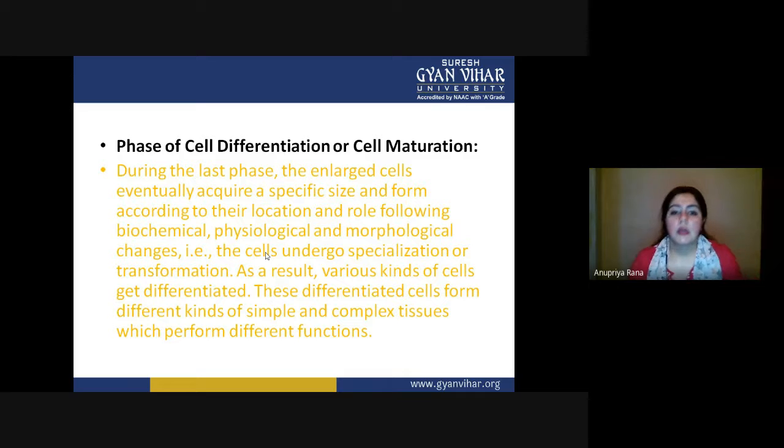As a result, various kinds of cells get differentiated. These differentiated cells form different kinds of simple and complex tissue. Some can be simple tissue, some can be complex tissue, and simple tissue has its own role to play.